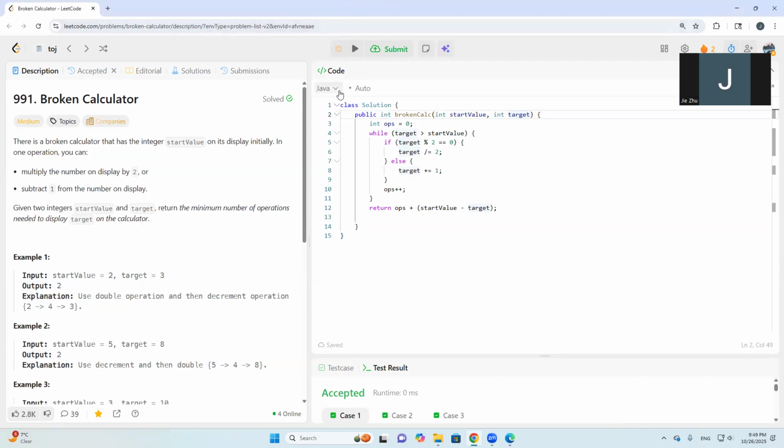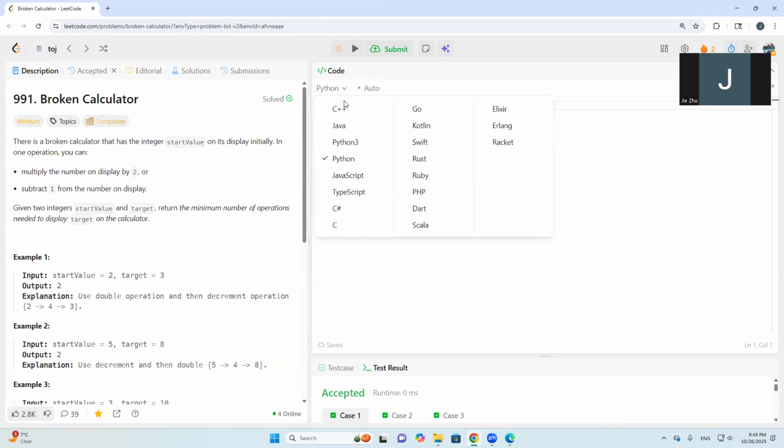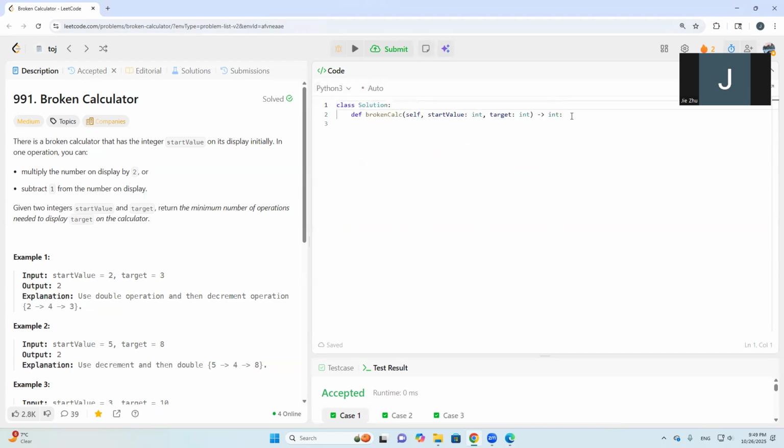And the Python code will be very similar. Ops equals 0, while target is greater than start value. If target mod 2 equals 0, target will be divided by 2, right?